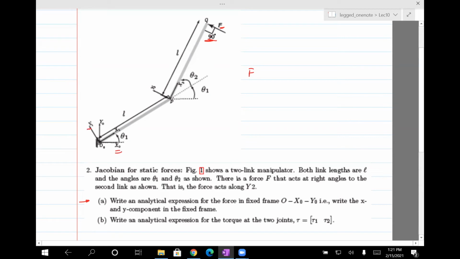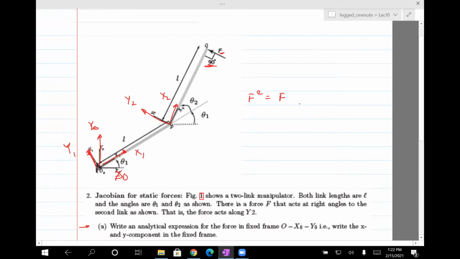This is x1, this is x0, y0, y1, y2, x2. Okay, so if you write the force F in frame 2, that is basically F along, if you like to call this the unit vector along x2 and x1, then it's going to be 0 along x2.